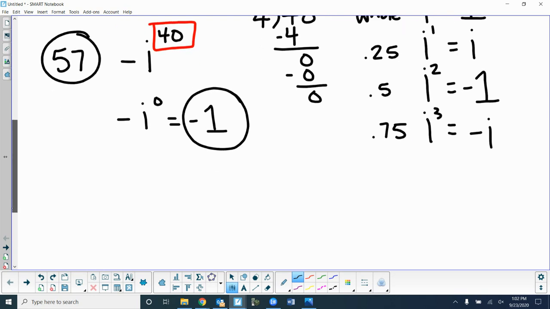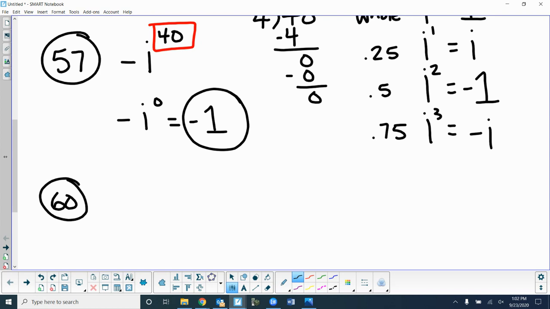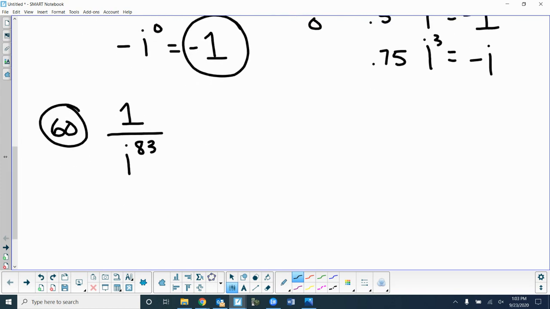So for 60, I'm going to do the same thing. It's 1 over i to the 83rd power. Okay, so I'm going to take that 83 and divide by 4. Okay, and 4 goes into 8 twice, so 2 times 4 is 8.